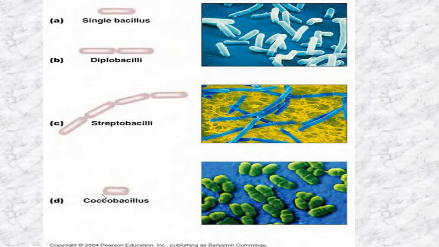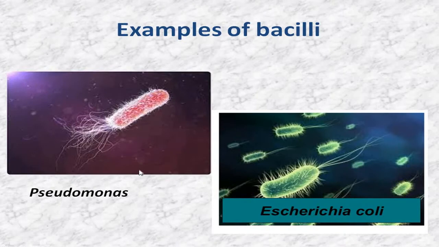There are certain bacilli or rod-shaped bacteria whose ends are spherical, just like cocci, so it is called coccobacillus. These are the examples of bacilli: Pseudomonas and Escherichia coli or E. coli.